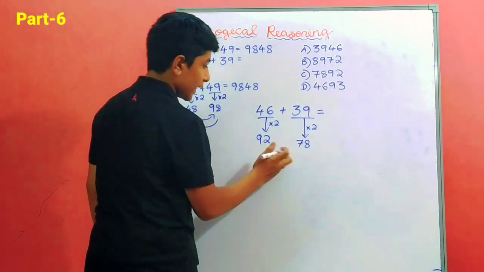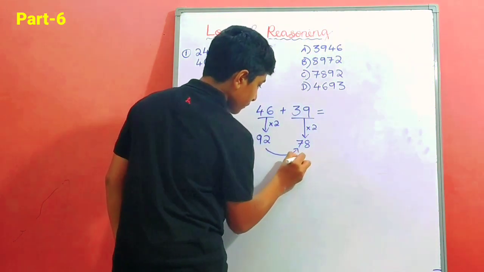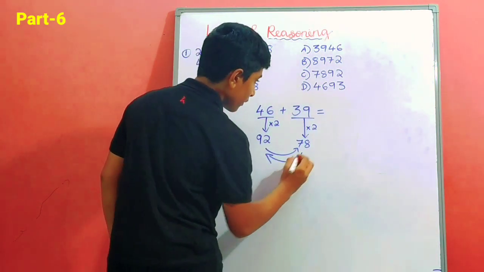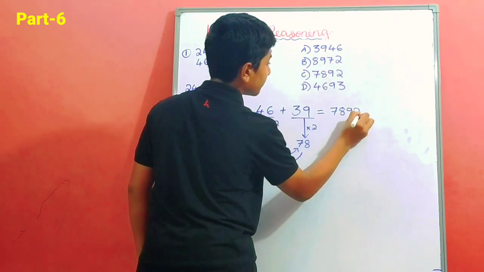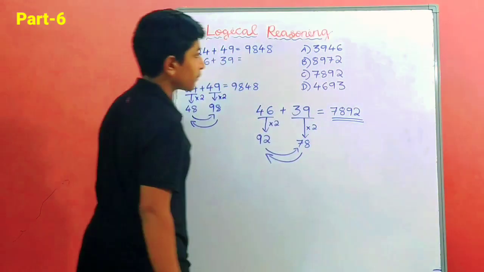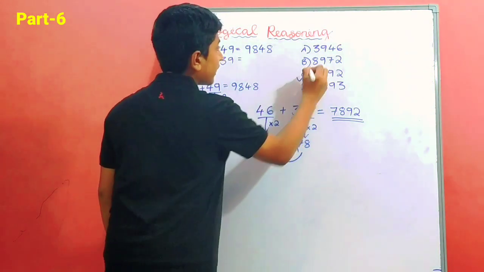We have 9278. We have to interchange them, which is 7892. So we have it in the option, so that's the correct answer.